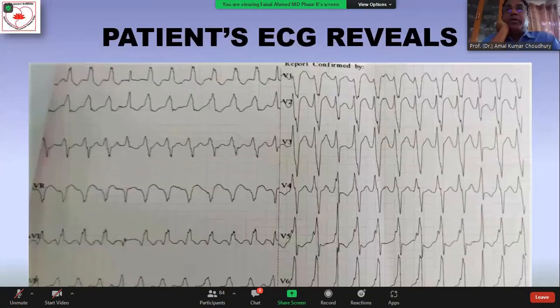Examination, you can't say so much at once. First you have to say, sir, this is a wide complex regular tachycardia, having my differential diagnosis like this: VT, aberrant conduction, bundle branch conduction, interventricular conduction defect with tachycardia.